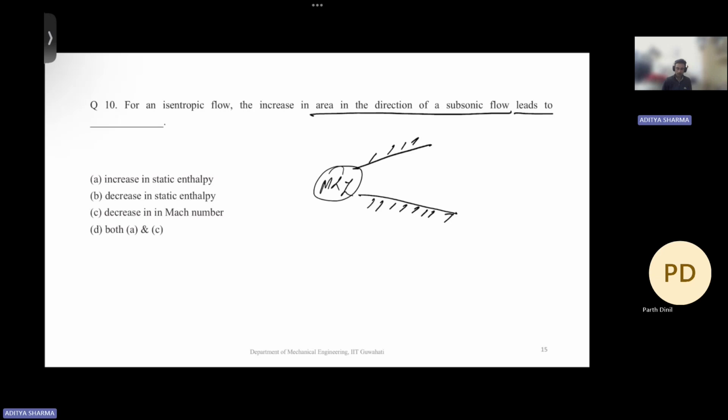Flow is subsonic, M is less than 1. What will happen? dA is positive, this is negative.